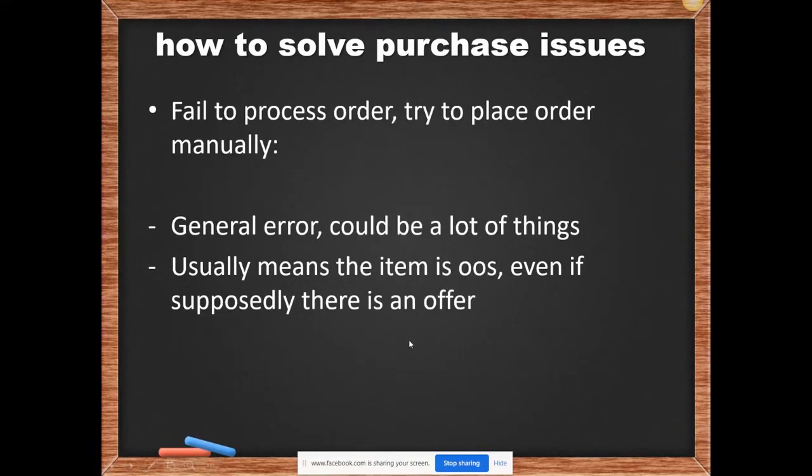But I check if it's out of stock. If it is, then you know what to do. You send the out of stock message, you wait for 2 days, and then if it doesn't get back in stock, you send the out of stock template.